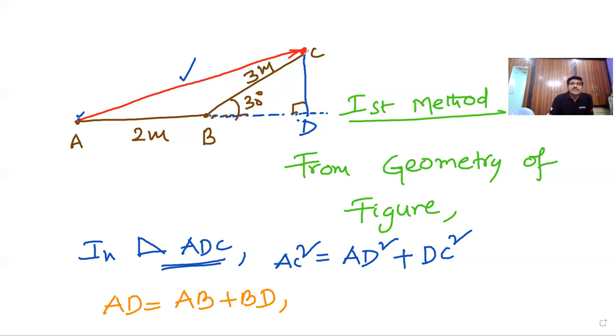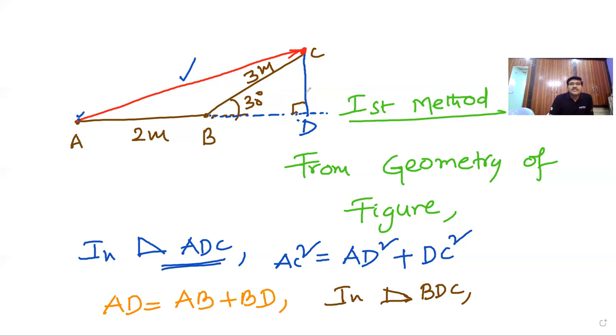So in this BDC right angle triangle, we want BD.